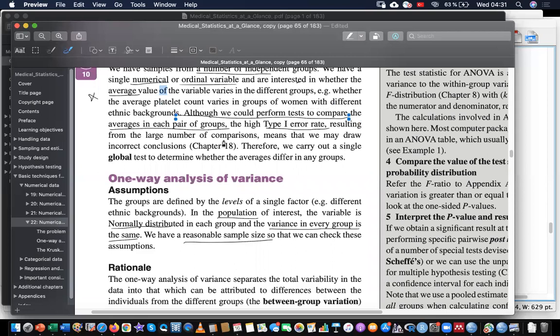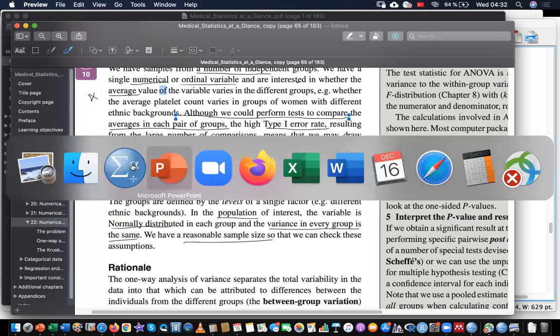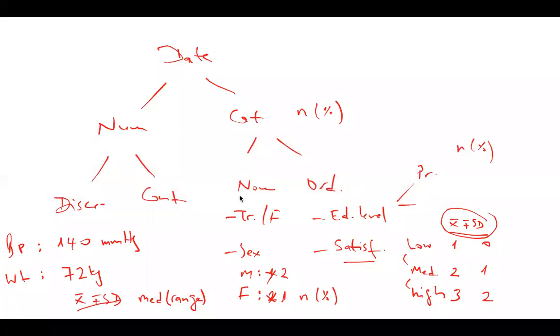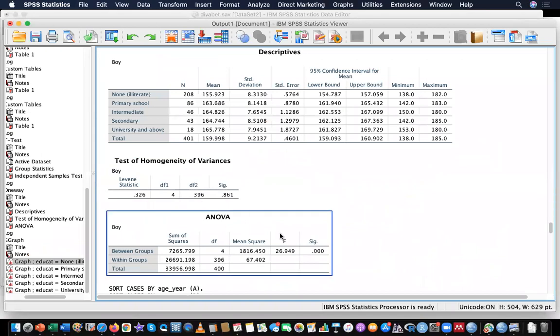What is the disadvantage? Why do we do the ANOVA instead of doing several independent samples t-tests? Because the ANOVA gives us only one p-value.